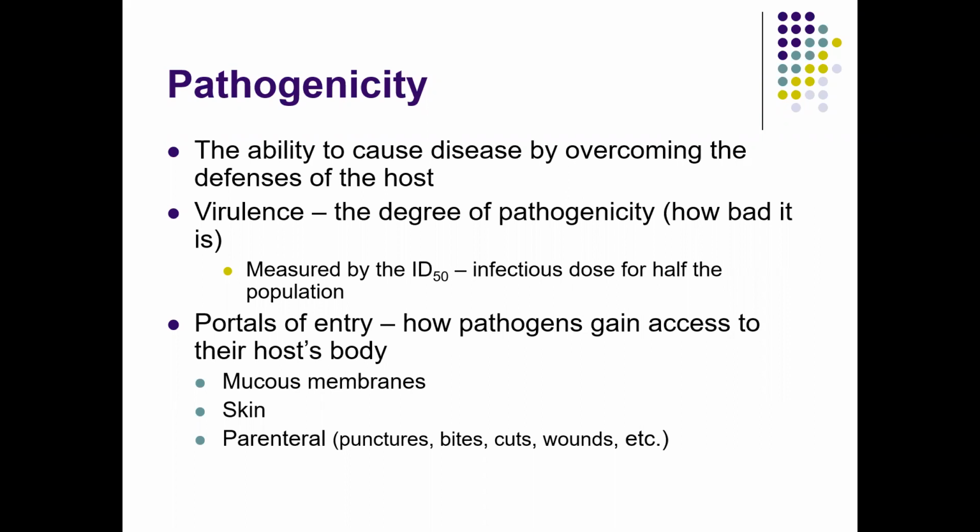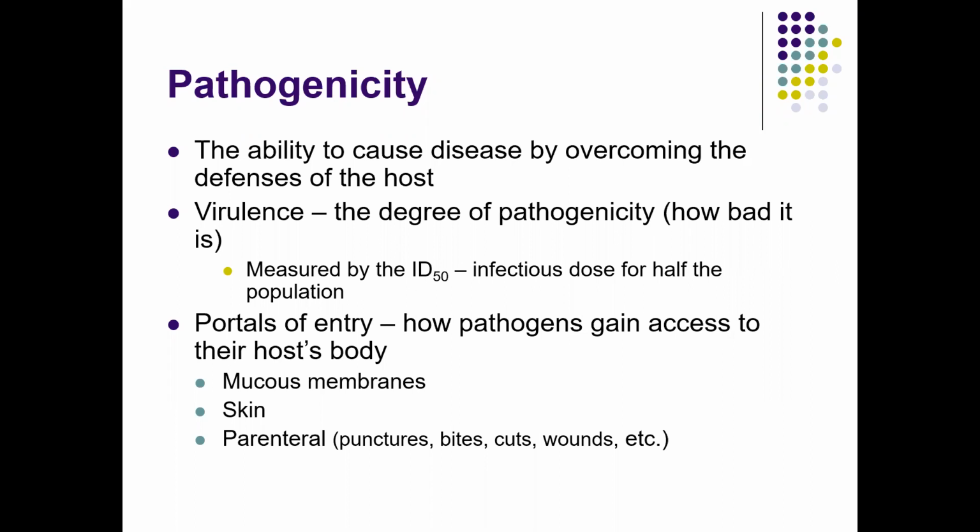And then portals of entry, it's kind of what it sounds like. A portal of entry is how the pathogen is able to get into your body. Now, in chapter 16, we talk about how the skin is your first line of defense. We talk about things like mucous membranes, lysozyme, and then of course we get into the different white blood cells.